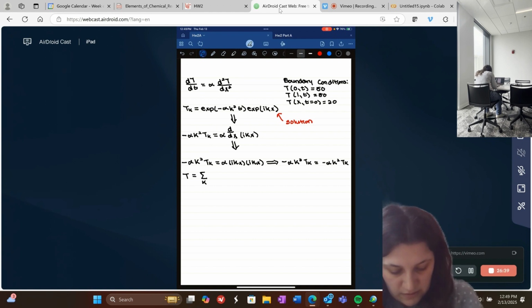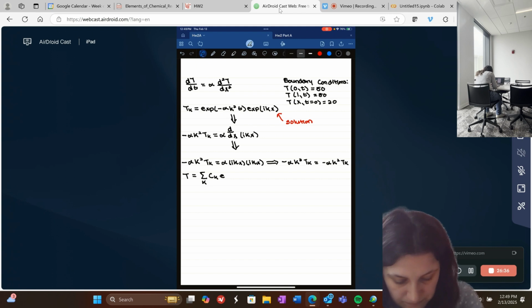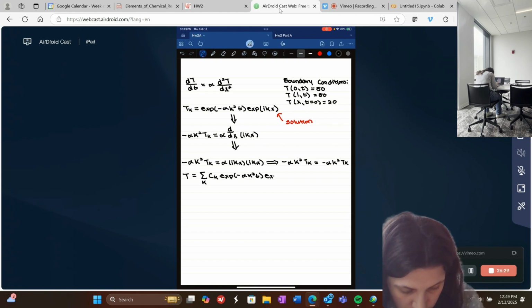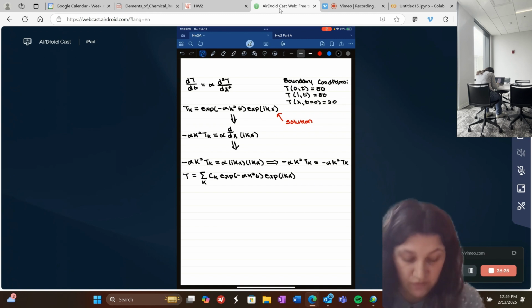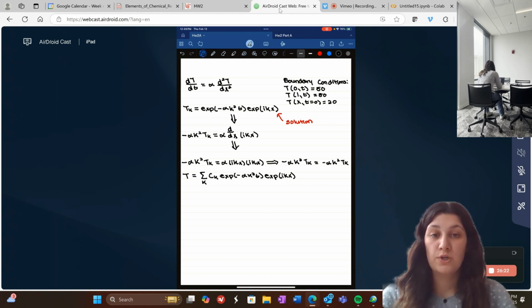So if we write that out as some constant multiplied by this T_k, which gives us an infinite series of possible solutions.